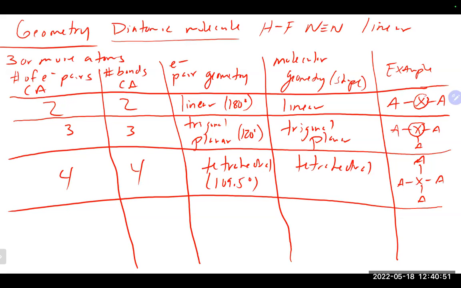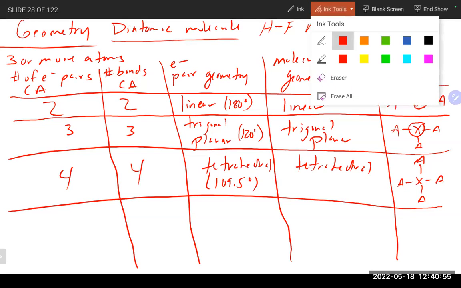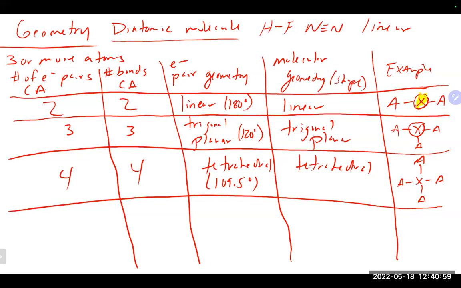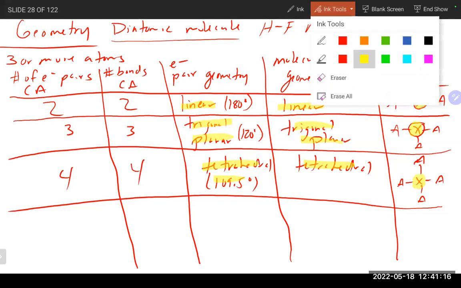In all 3 of these examples, when we look at the center atom, there are no non-bonding electrons, no dots, which means 100% of the time, both of these names will be the same, because we are dealing with just one type of electrons, the bonding electrons.